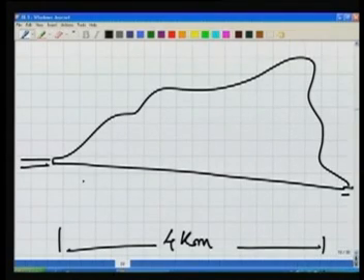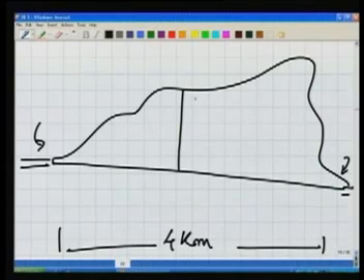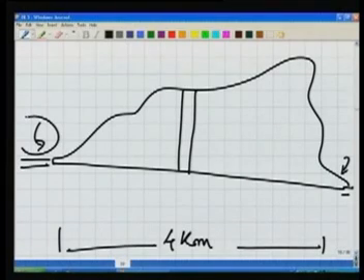In order to excavate, the excavation for this tunnel will begin from here as well as from here, and at the same time it may also begin from some intermediate points through the shafts. And all these excavations, starting from here, from the shaft, and as well as from this end, will happen simultaneously.